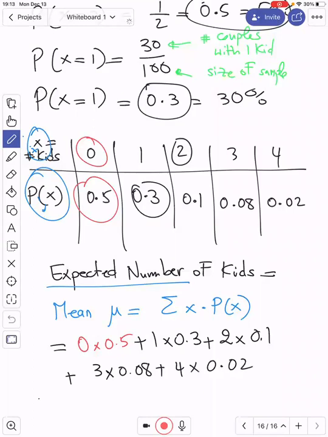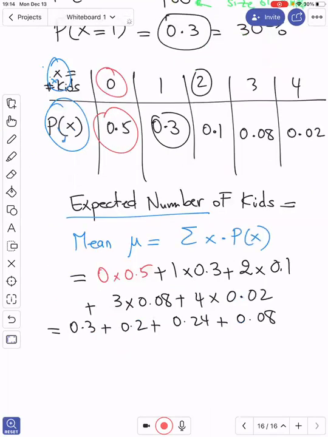All right, so that's 0, 0.3 plus 0.2 plus 0.24 plus 0.08, and the answer, I guess, is 0.82.